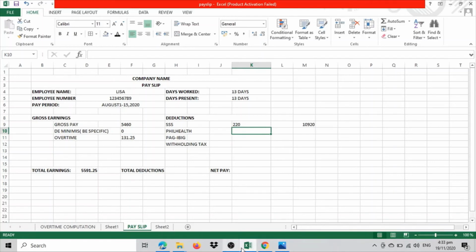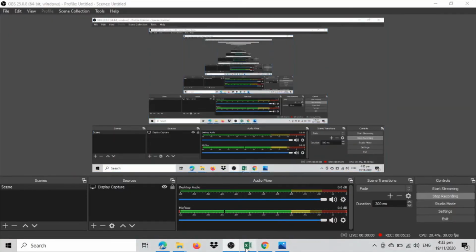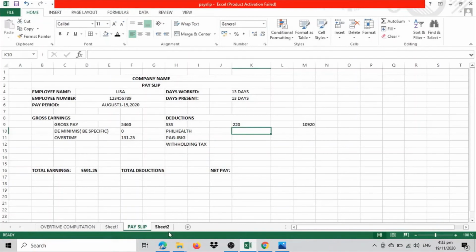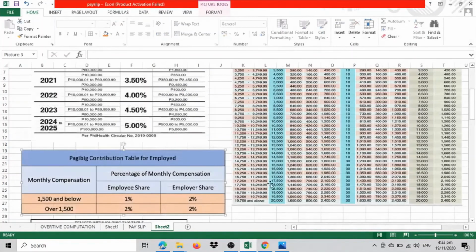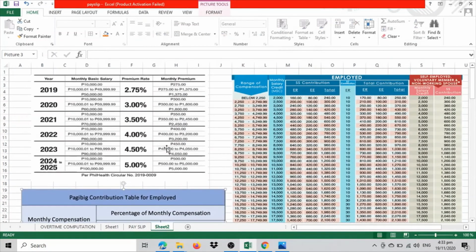What about for PhilHealth? For PhilHealth, we have the 2020 contribution table, 10,001 to 59,999.99.